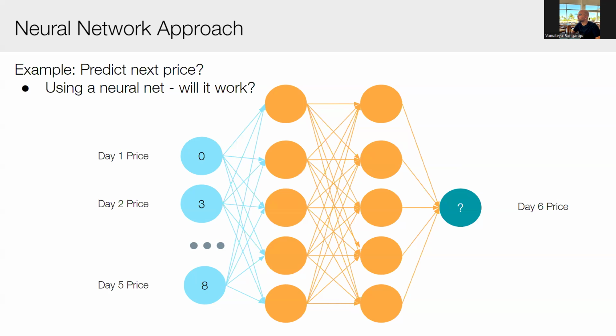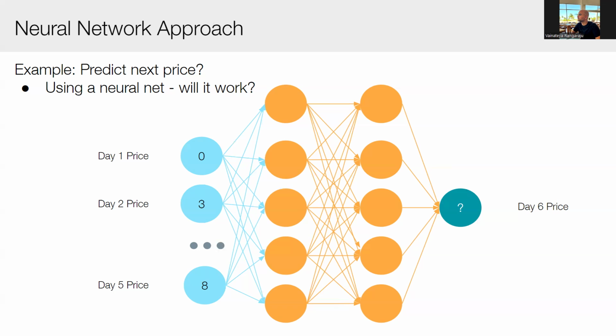In other words, if we had day 1 stock price, day 2 stock price, day 3 stock price, we can make them be the first node, second node, and so on, and have the entire input layer correspond to the sequential data.